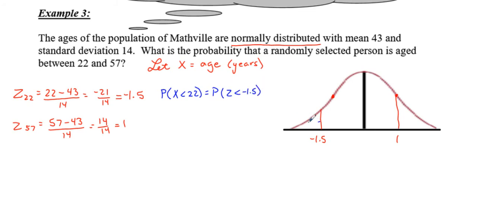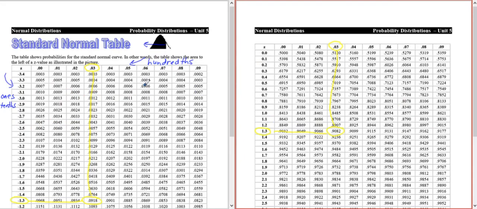So to find out the probability of being less than negative 1.5, back to our standard normal table. If our z-score is negative 1.5, that means the ones digit is negative 1, the tenths digit is 5, and the hundredths digit is 0.